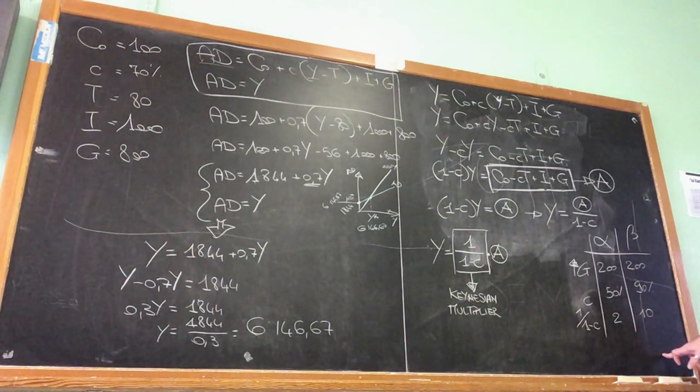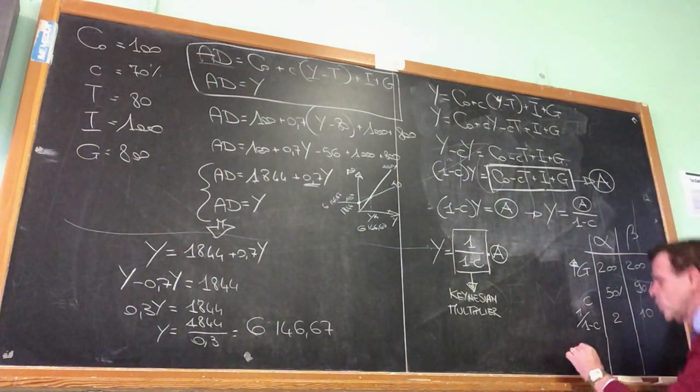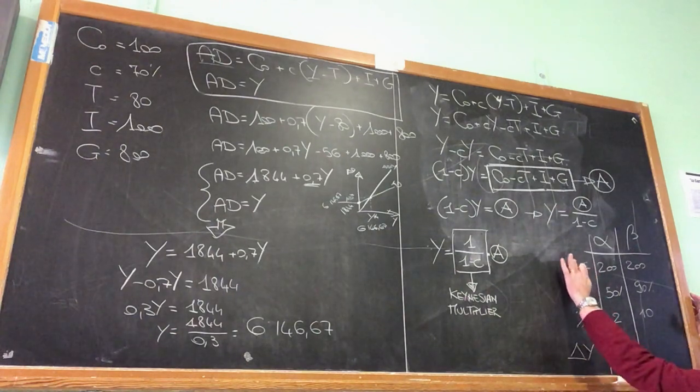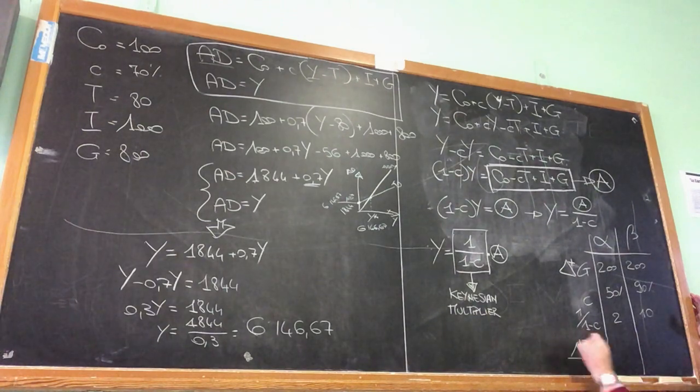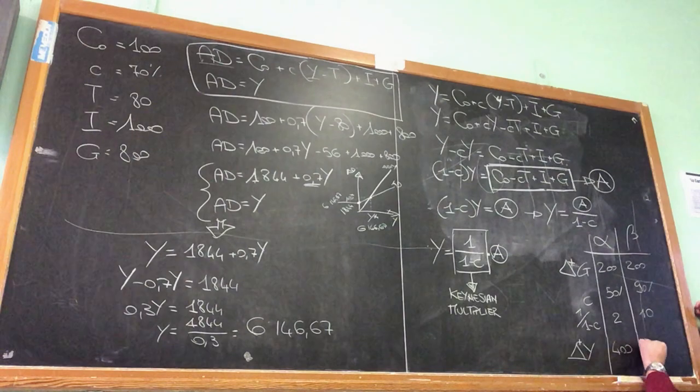Okay? So to see the increase in national income due to an increase in government expenditure, in here I will multiply by 2 and I will get 400. But in here I will multiply by 10 and I will get 2000.